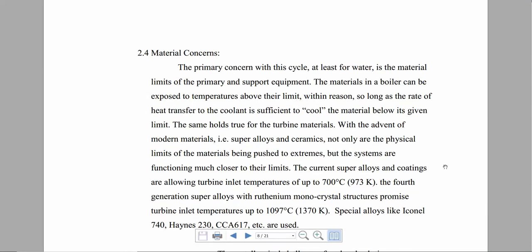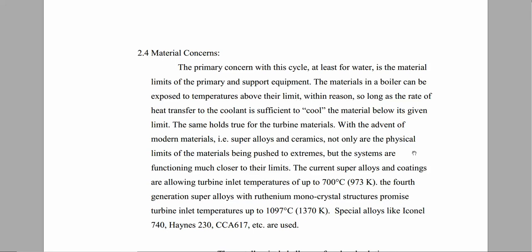The primary concern with this cycle, at least for water, is the material limit of the primary and the support equipment.